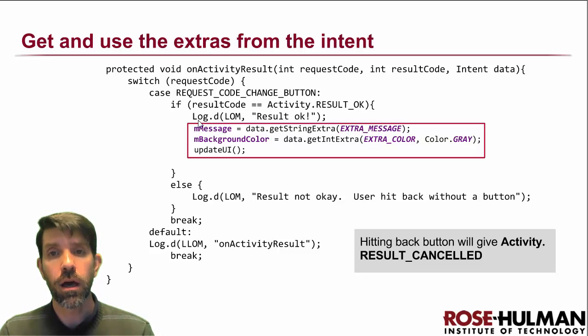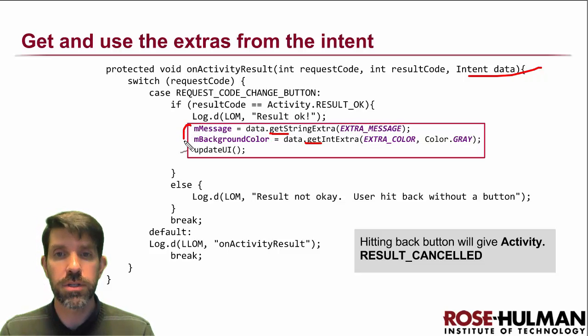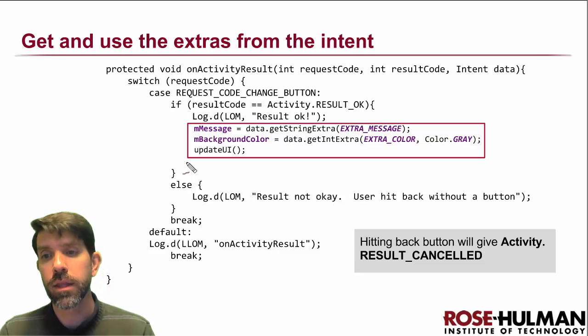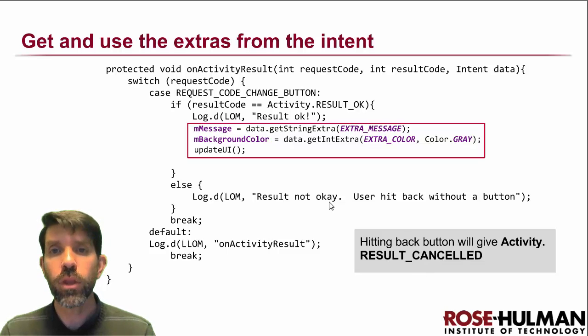And then finally, I wanted to use the information. So I basically just called the get methods on this data intent that was returned, and I set them into fields and updated my UI to display them. Okay, and that's about it. And I showed you that the back button didn't work, so it wasn't okay, it was canceled.